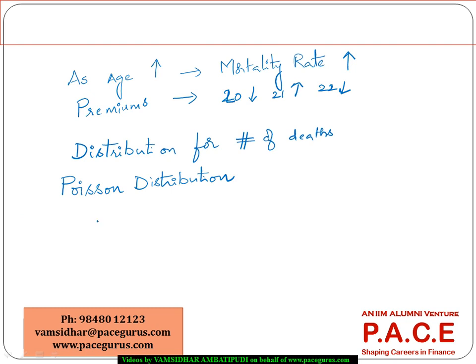So if I am assuming a Poisson model, I can see that the distribution for the number of deaths at age x follows a Poisson distribution, wherein the lambda is the total exposed to risk for this age x multiplied by mu x plus half, the force of mortality.